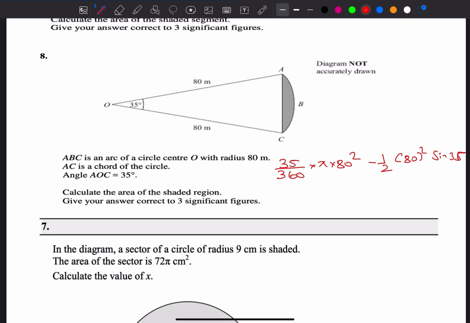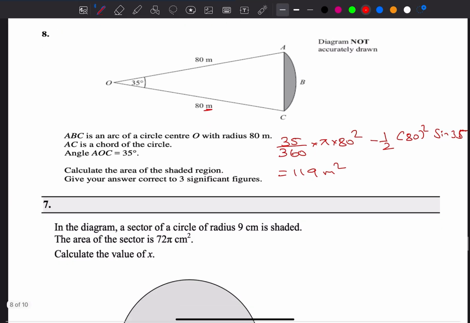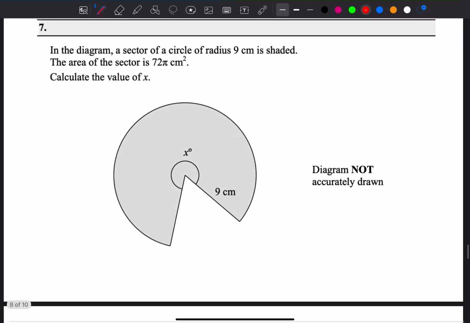Okay. 35 over 360 times pi times 80. That gives $119.3. So basically 3 significant figures is 119 meters squared. That is. Okay. Next one.